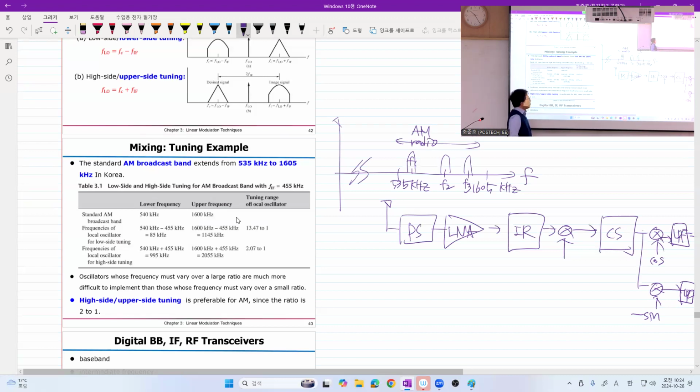And now let's consider the case where you sometimes want to tune to F1, sometimes to F2, sometimes F3. What do you want to change? Suppose you have fixed FIF2 or fixed FIF1.